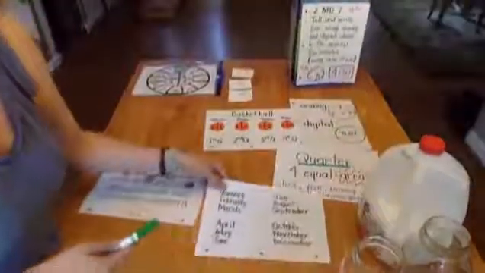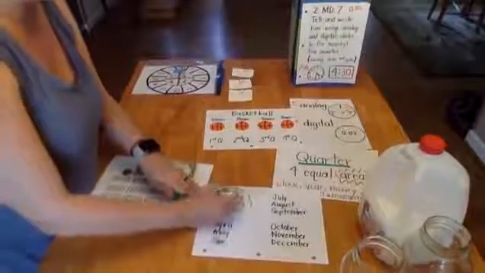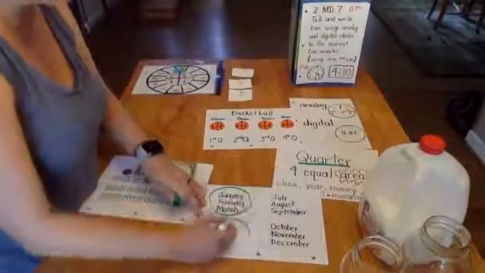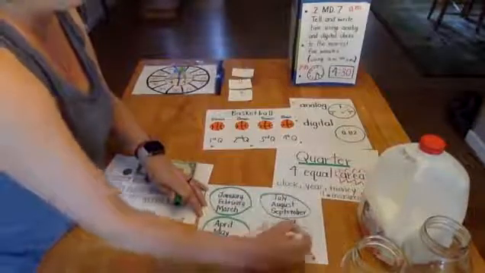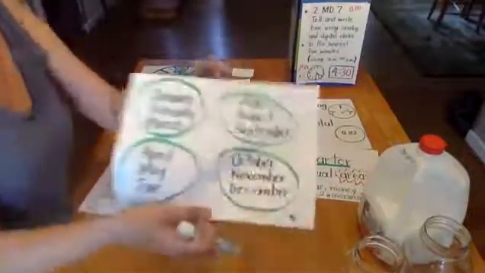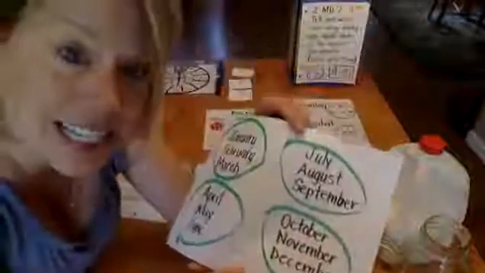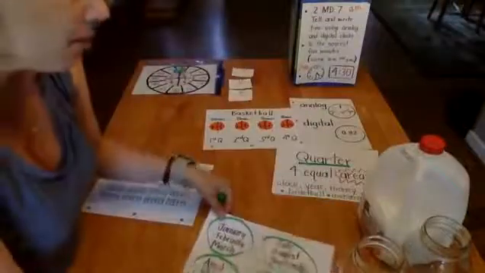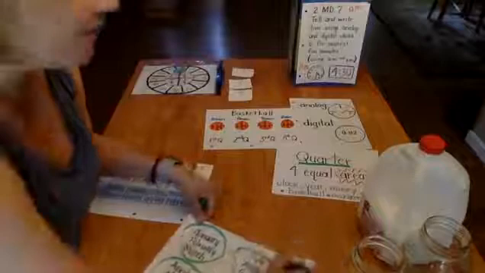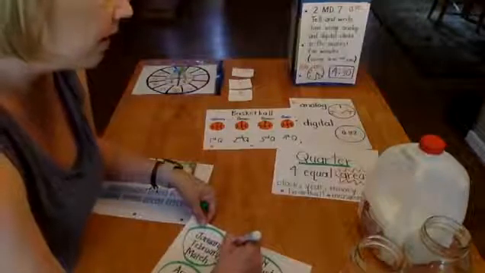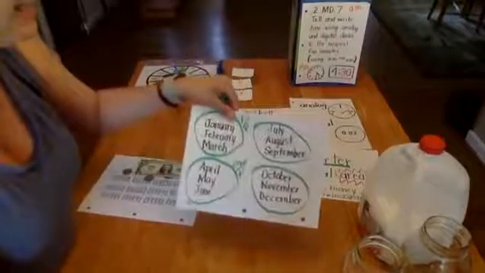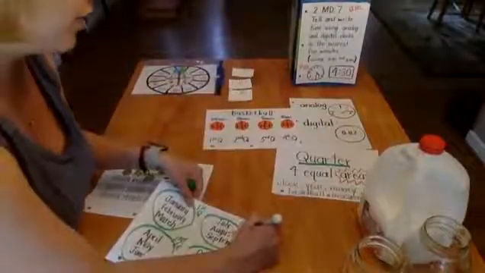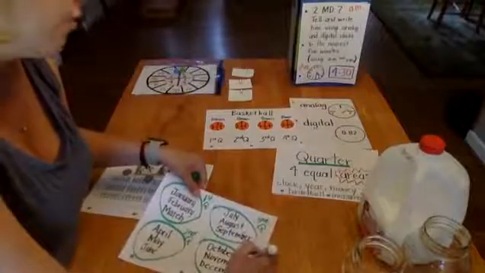But if we look at them in quarters, can you see how many months are in each quarter? 3 months in each quarter. Miss Street's making this up, but this might be the first quarter, and Miss Street's using a Q to represent quarter. Second quarter, third quarter, and fourth quarter.